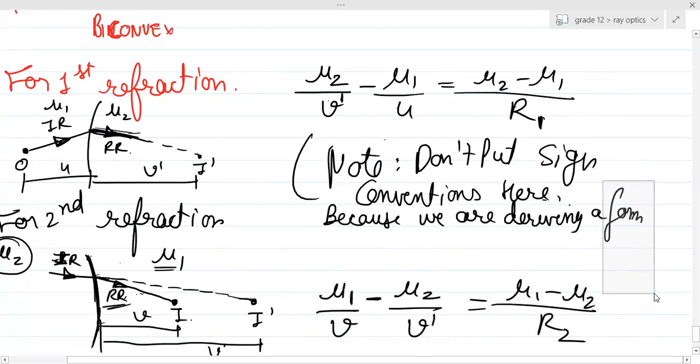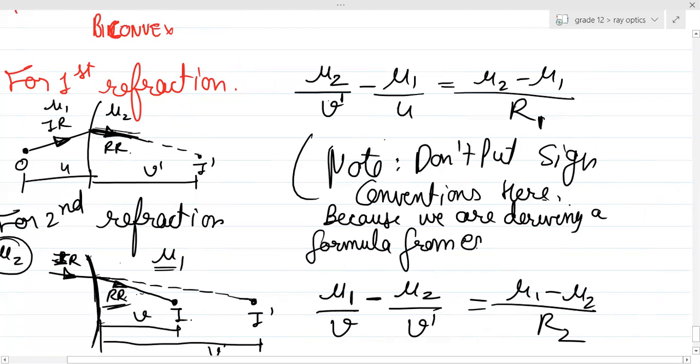This will help you in derivation, so don't put sign conventions over here.